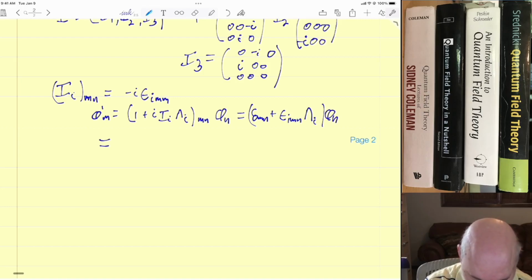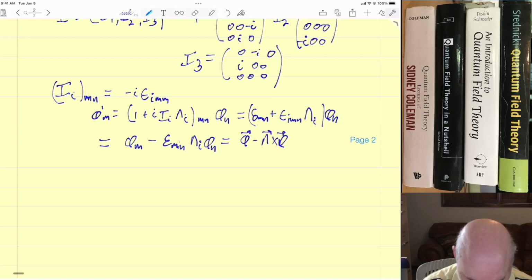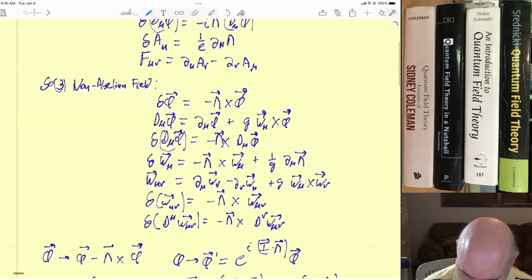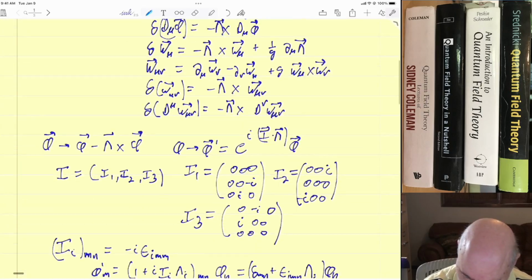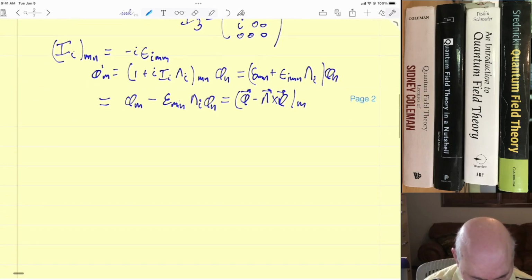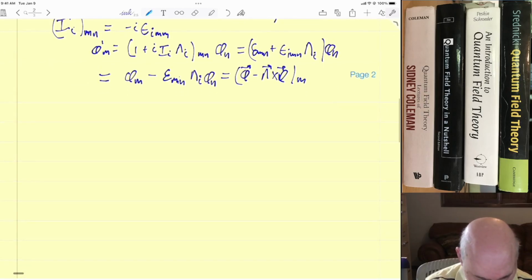Now this is equal to phi m minus epsilon mnl lambda I phi n, which is equal to phi minus lambda cross phi, m component. That was the same formula we had above when we started over here. So it works.